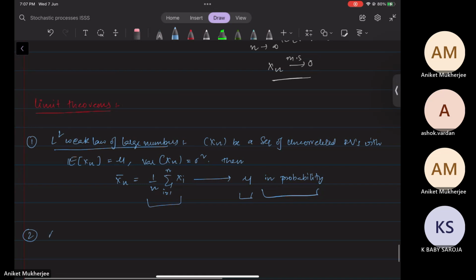L1 weak law of large numbers. Okay, so you have Xn, a sequence of uncorrelated, no, not uncorrelated, a sequence of IID random variables with expectation of Xn equal to mu.